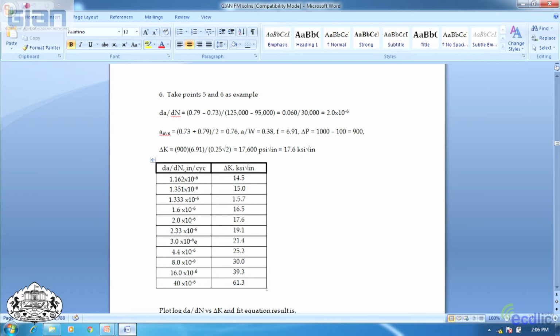So this is the difference in crack length. This is the difference in cycles. Divide that difference, 0.060, by this difference, 30,000. I got 2 times 10 to the minus 6. Now for the K, you need a crack length, you have the load range, you need that table.